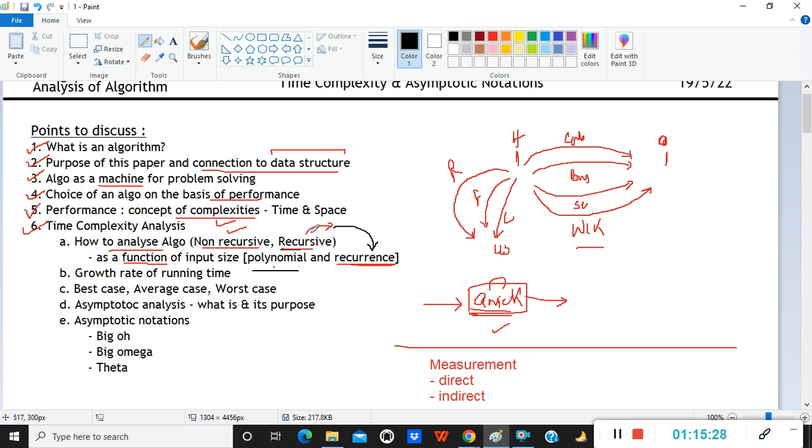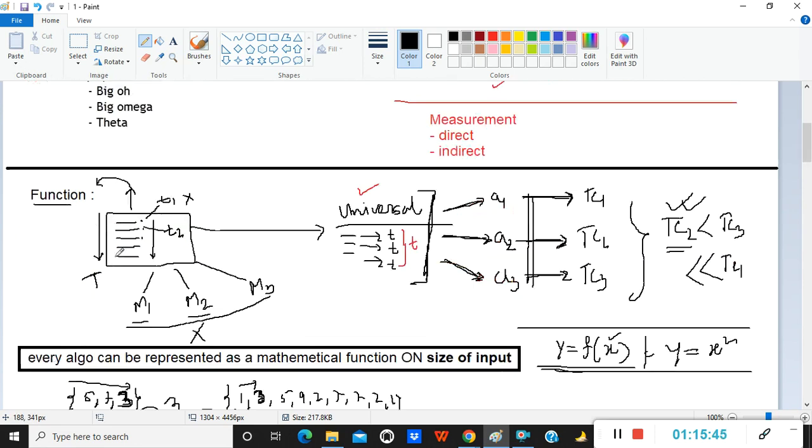I tell you that we will use the term recurrence next day. Completely separately I will discuss the recurrence and recursive algorithm.